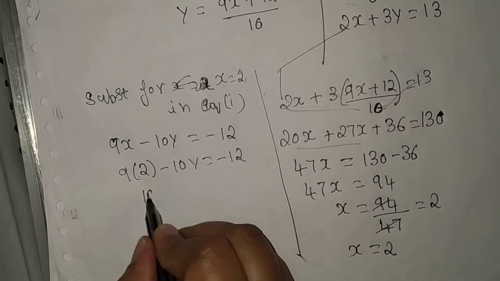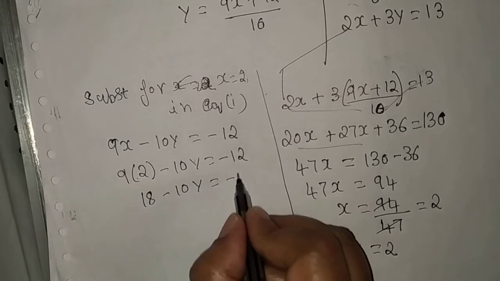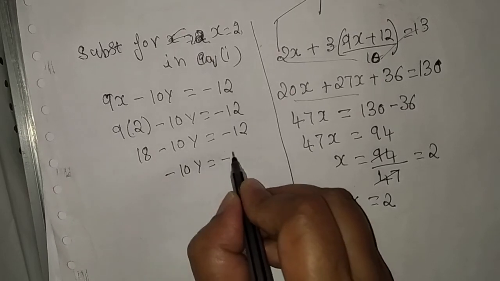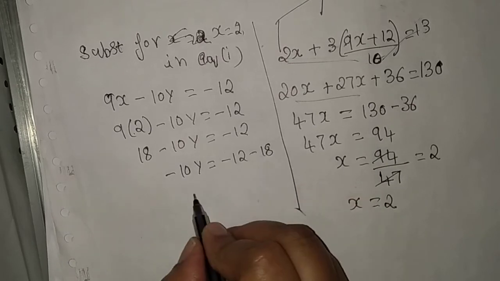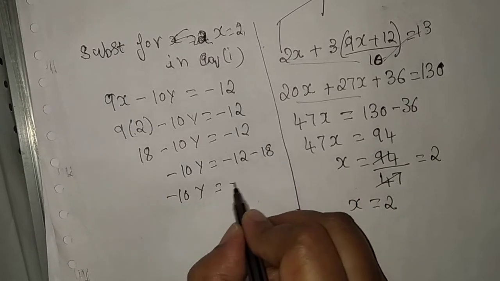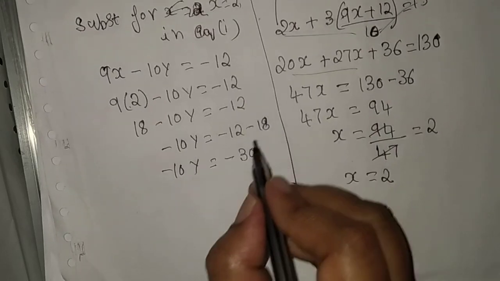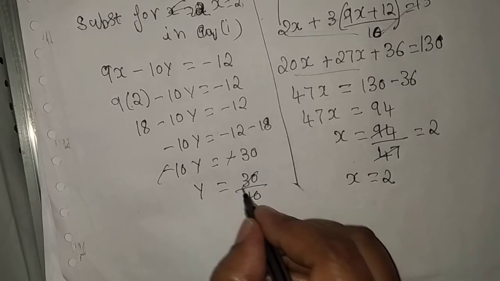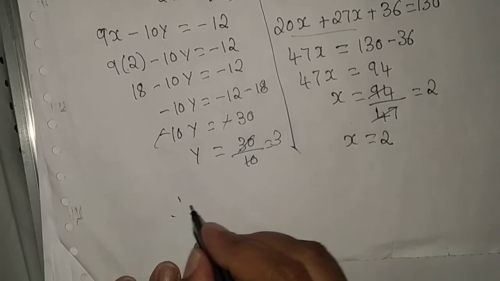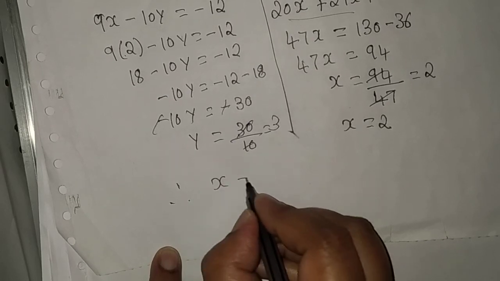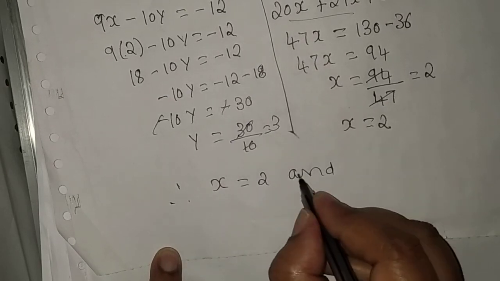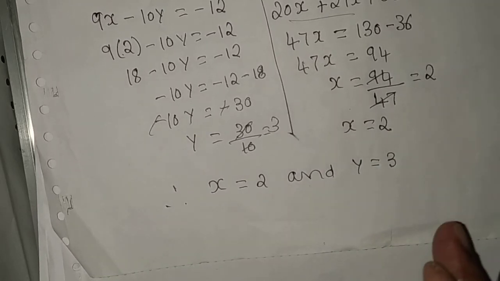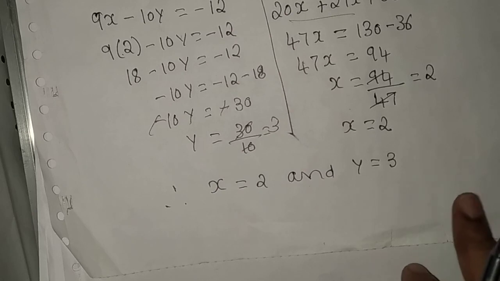Therefore we get 18 minus 10y is equal to minus 12. So minus 10y is equal to minus 12 minus 18, which is minus 30. The minuses cancel, y is equal to 30 by 10, which is 3. Therefore finally x is equal to 2 and y is equal to 3 is the solution. So we solved all the six sub problems in the first problem.